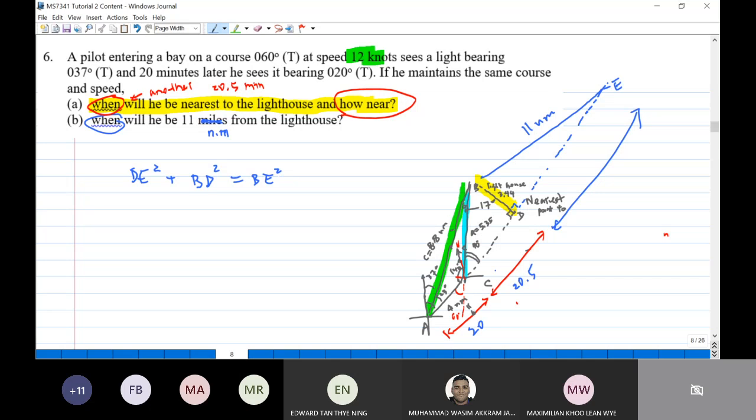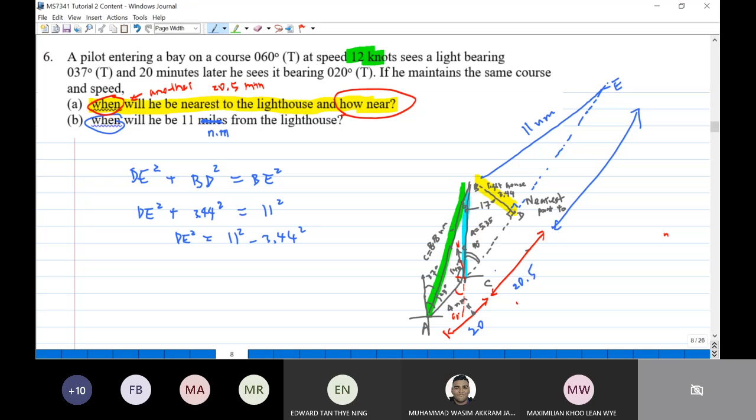I don't know what DE is, you're supposed to find out. BD is 3.44 and BE is 11. So DE squared is equal to 11 squared minus 3.44 squared, right?